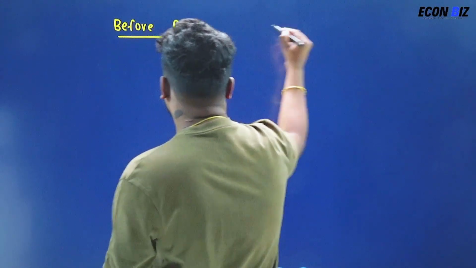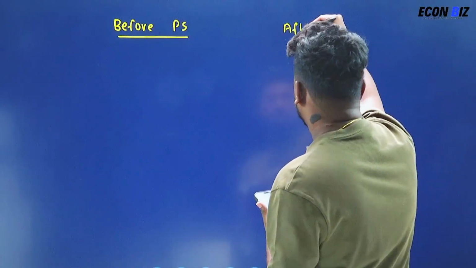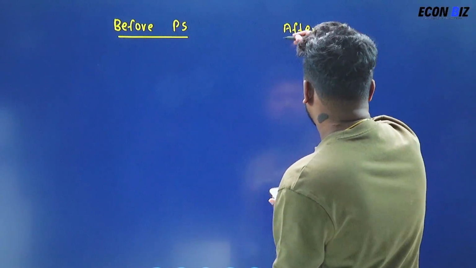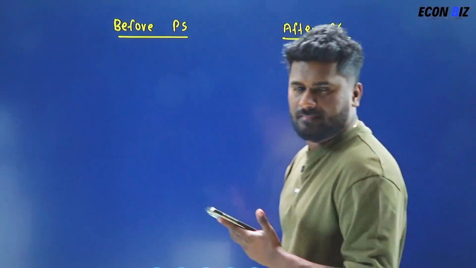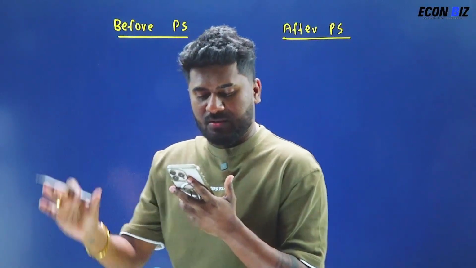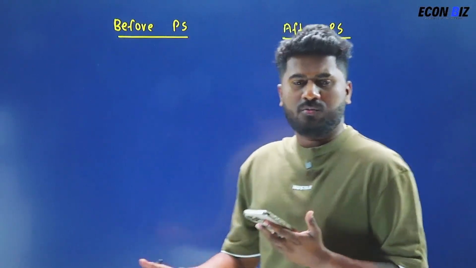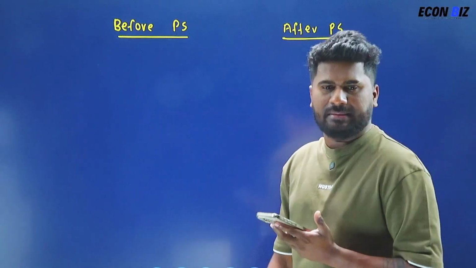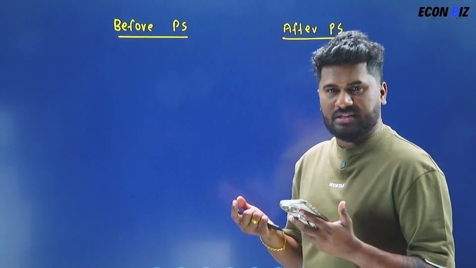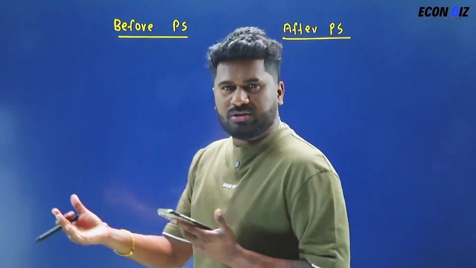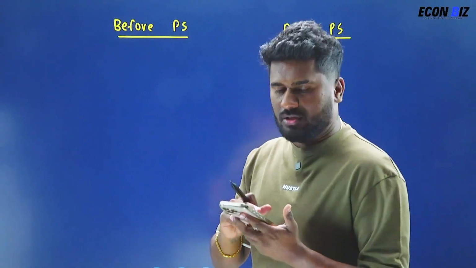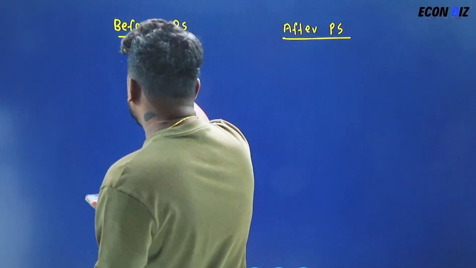Before producer surplus, after producer surplus. Okay. So you have to compare now. Before the deficiency payment scheme, producer got from the market how much? 90 rupees from the market.